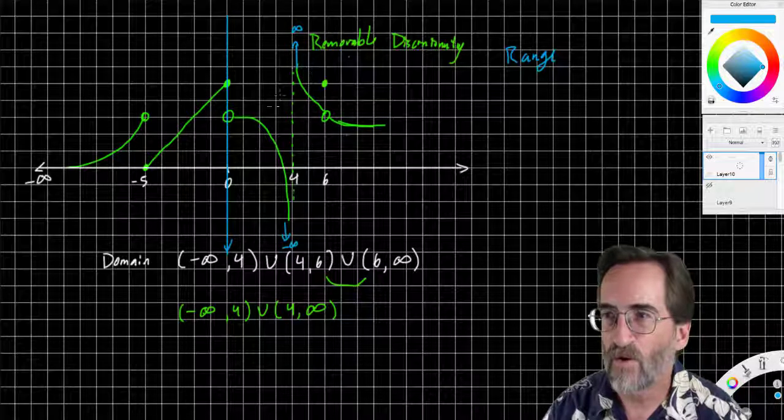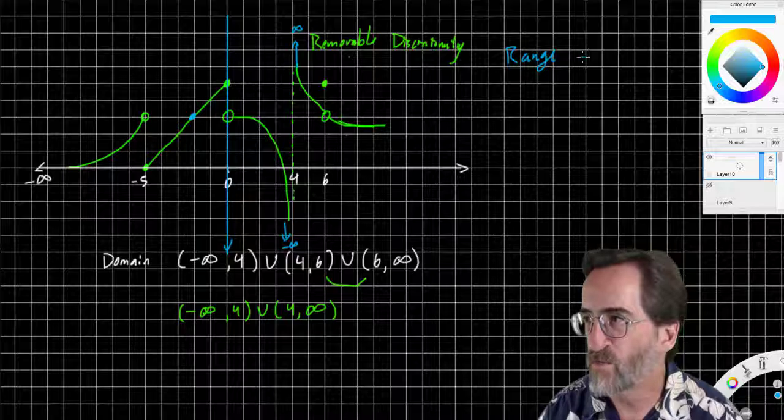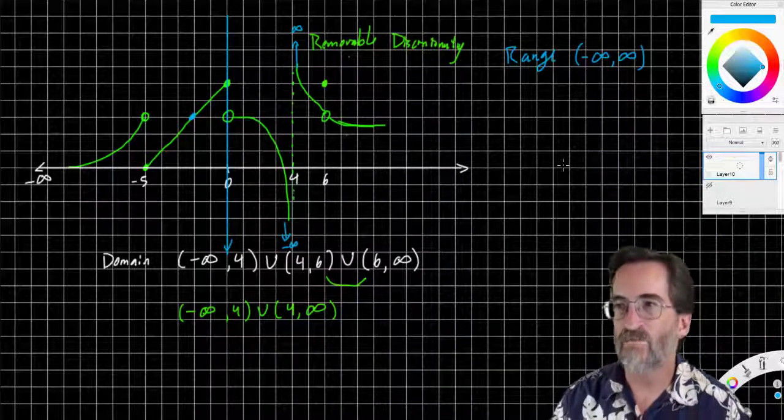And there are no holes in between. Every output value somewhere is taken up in here, so this value exists right there, in case you're tempted to think that that's always empty. So the range would be negative infinity to infinity.